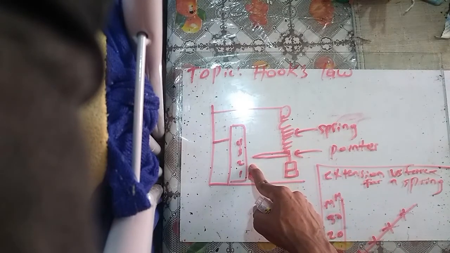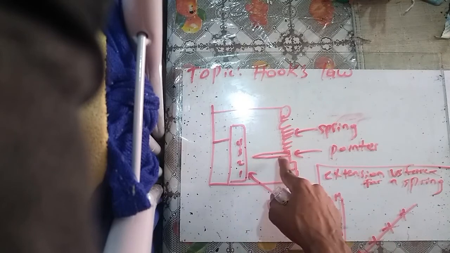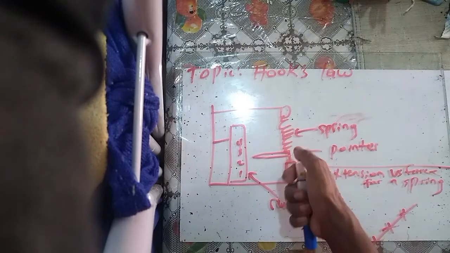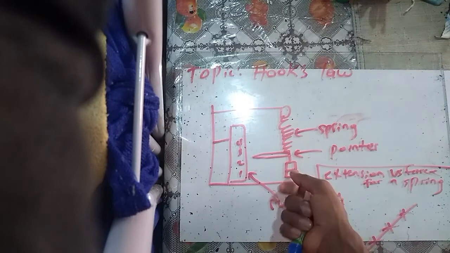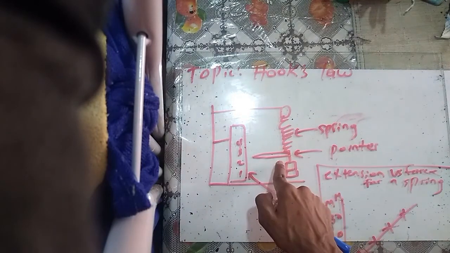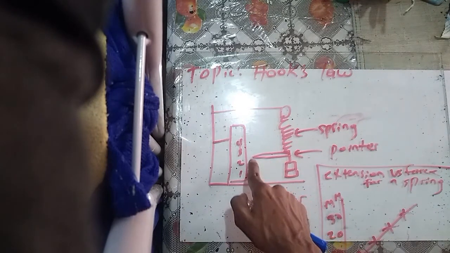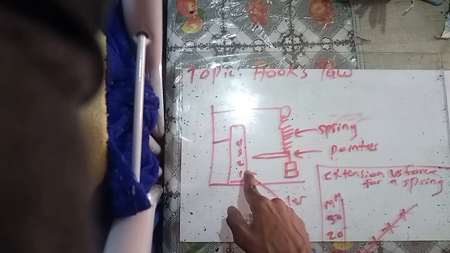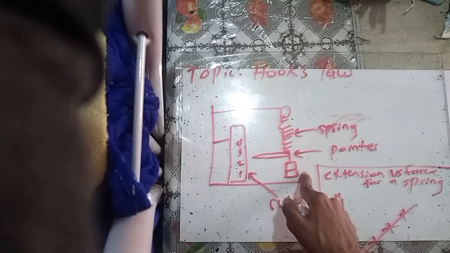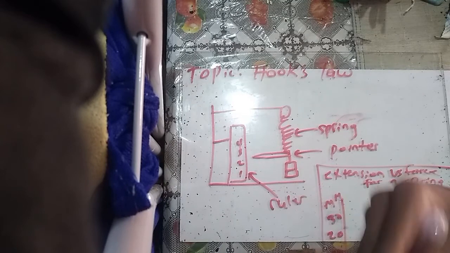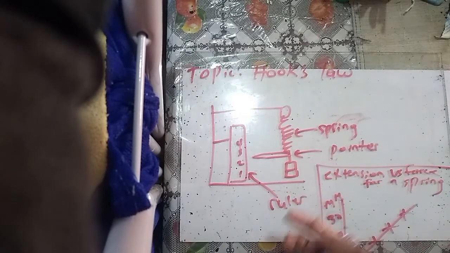We measure it with the ruler. The pointer shows, when the spring stretches downward according to the pull of gravity and the weights attached to it, a point on the ruler where we can get an accurate measurement. We add the next weight and measure how far it stretches again, and we continue that process for about 5 or 6 trials.